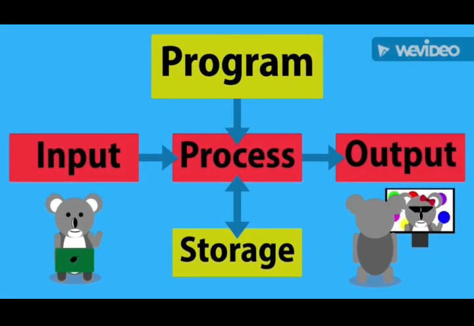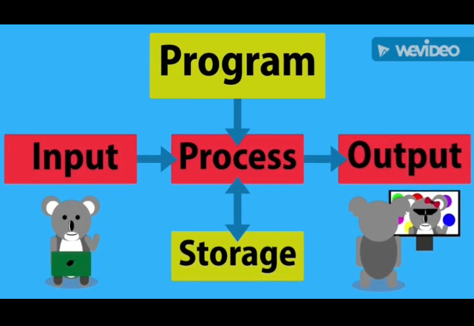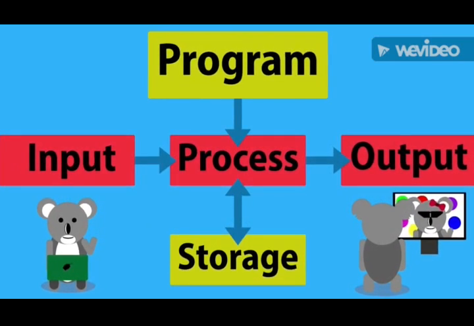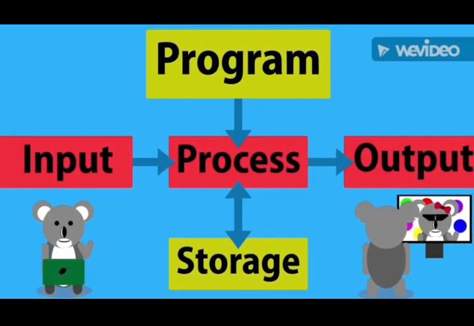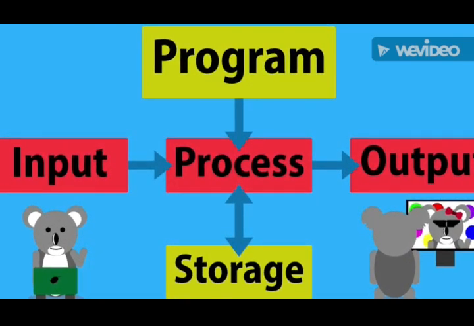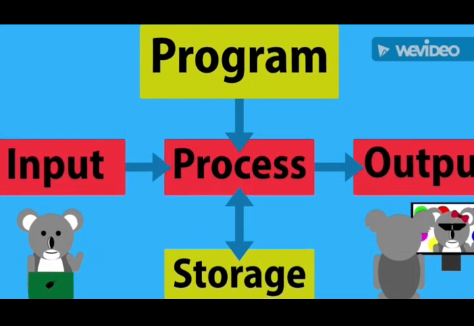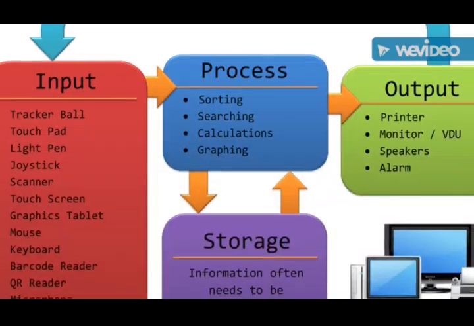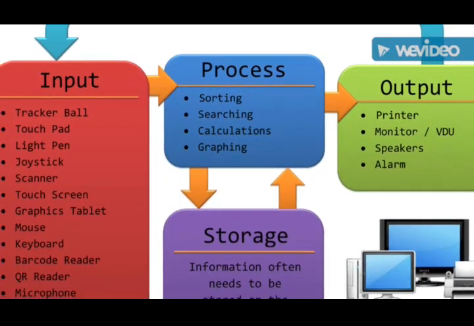So the computer basically works on input, process and output, that is the IPO cycle, and the storage unit also takes a role in this process.